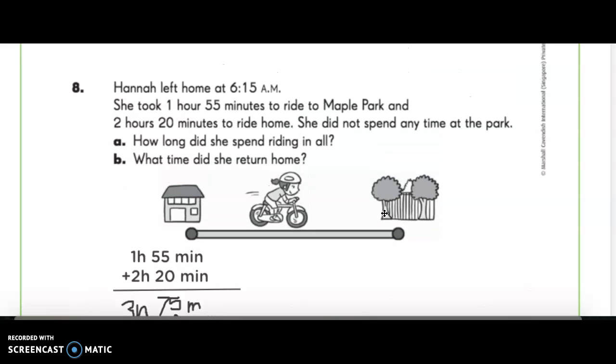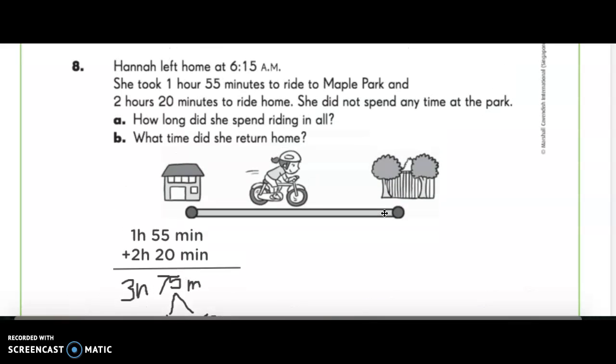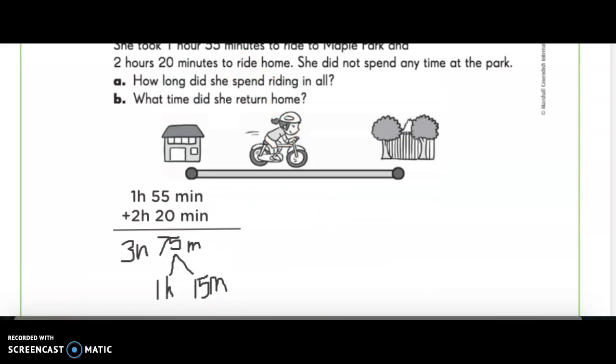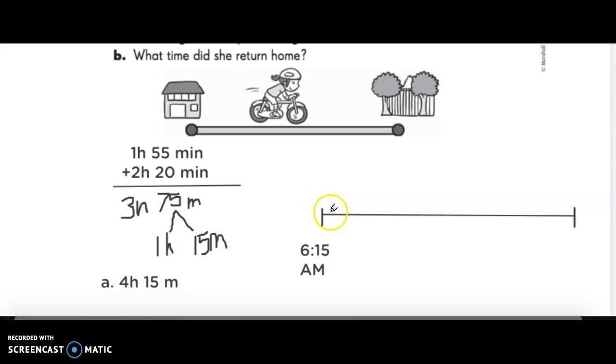Now B, they want to know what time did she return home. So she left at 6:15 a.m. and now we need to do a timeline and jump a total of 4 hours and 15 minutes. So off the bat we can jump those 4 hours. So if we're starting at 6:15, 7:15, 8:15, 9:15, 10:15.